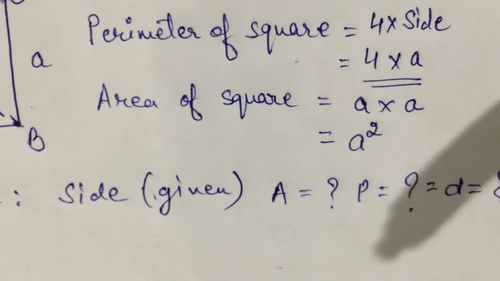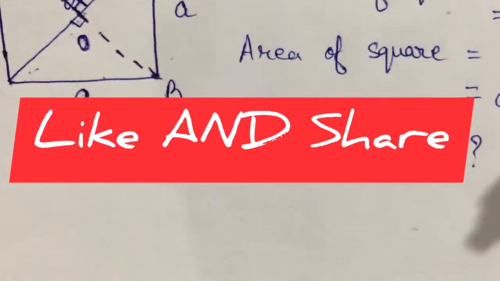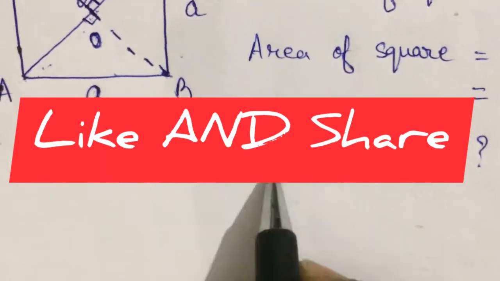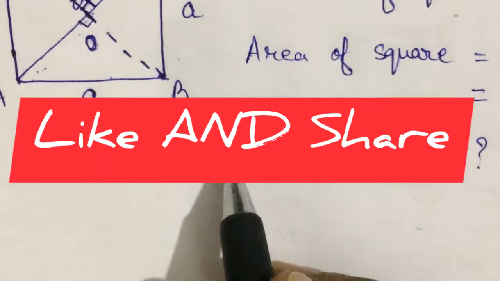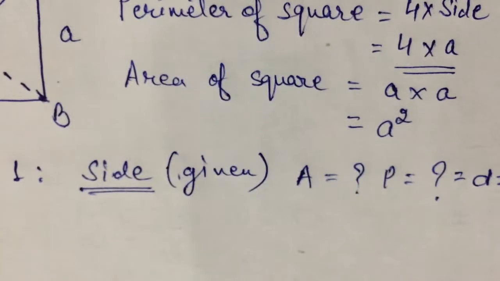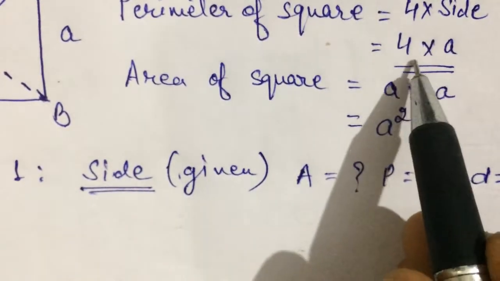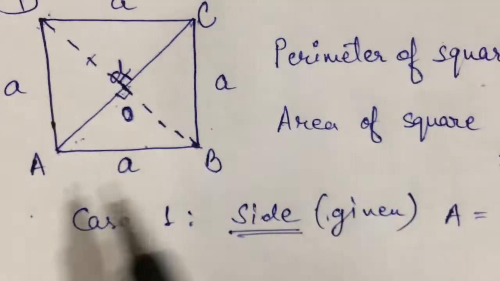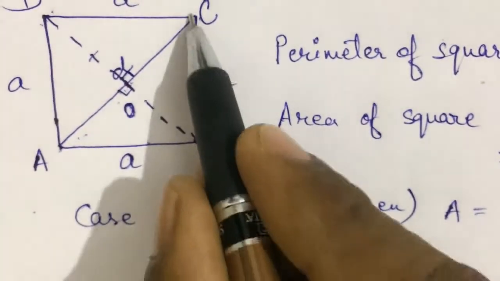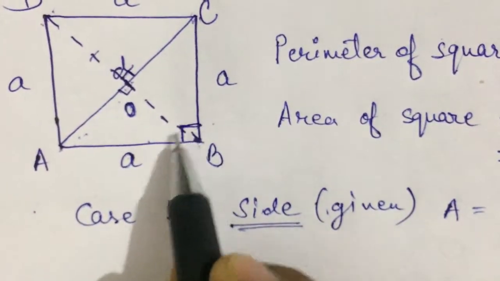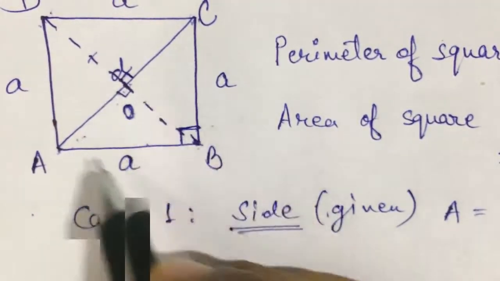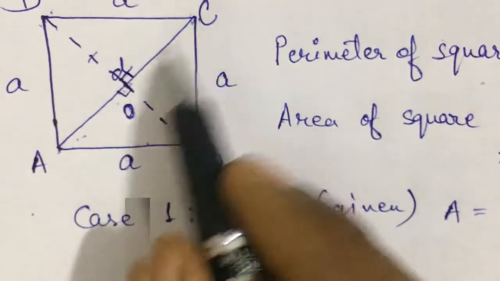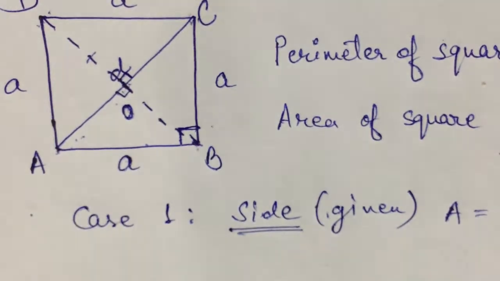These are the things which they may ask you to calculate when the side is given. At least this should be given, because when the side is given, the area of the square is A into A, and the perimeter is 4 into A, and with the help of this, using the Pythagoras theorem, in this triangle ABC, since this is a 90-degree right angle triangle, we can use the Pythagoras theorem and find out the diagonal, right?